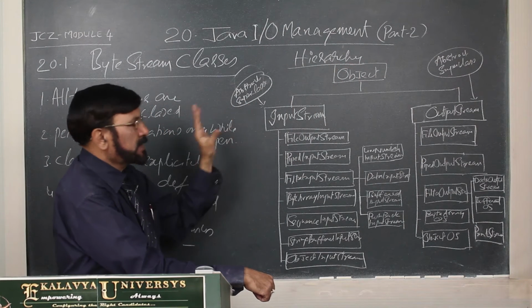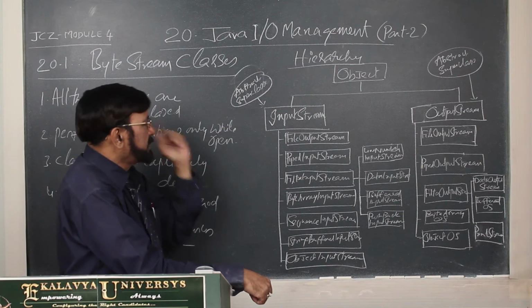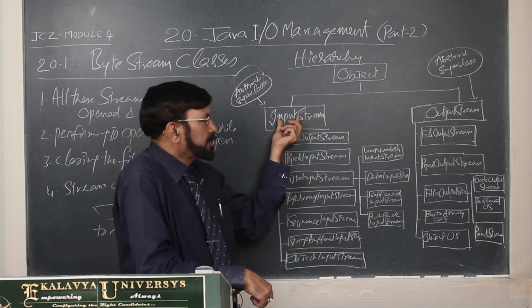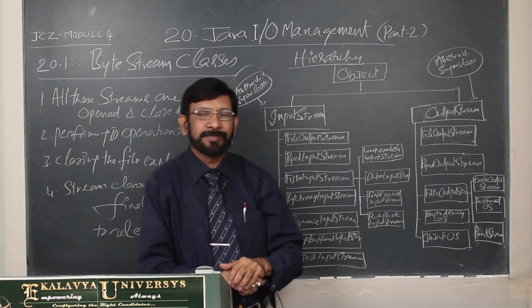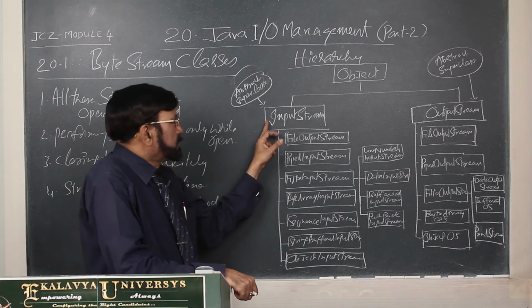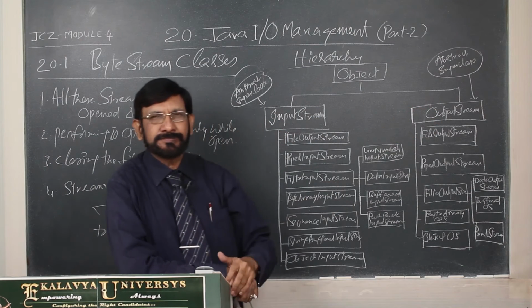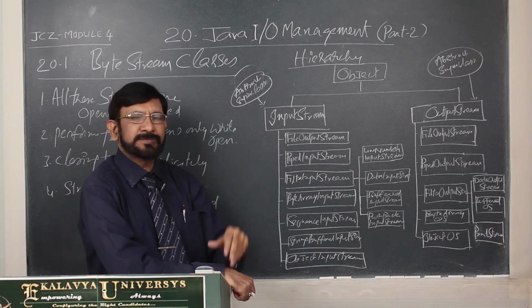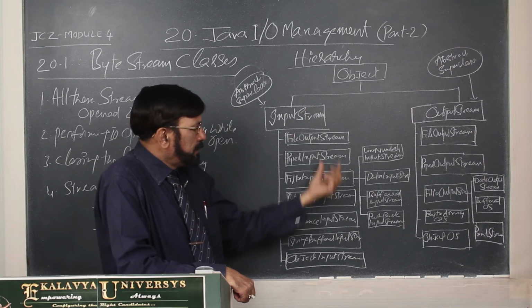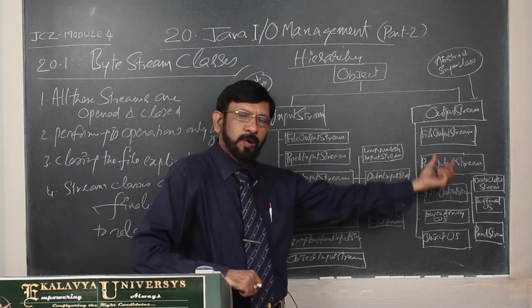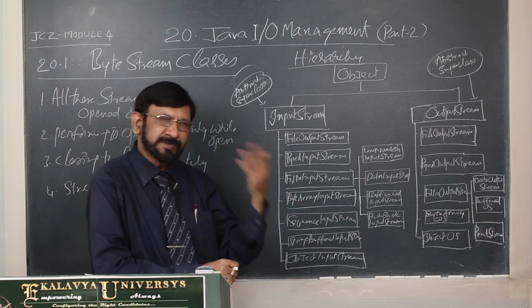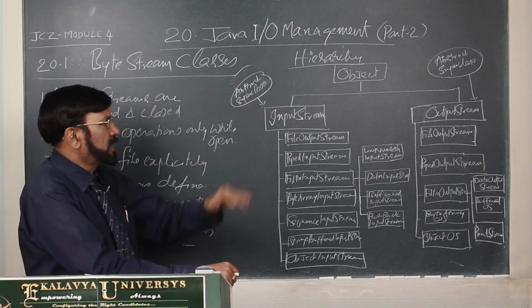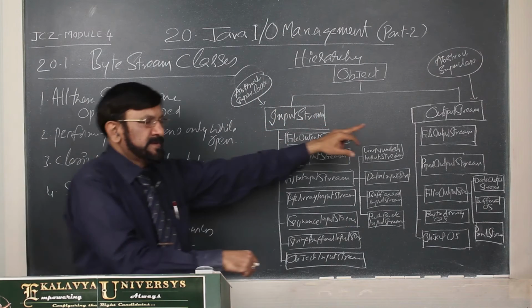Only this hierarchy related to byte stream classes. Here at the top, input stream class and output stream class. Actually, these two are abstract classes, abstract superclasses. They provide basic functionalities for all these subclasses. This is just similar to the character stream classes. So, that is the strategy.